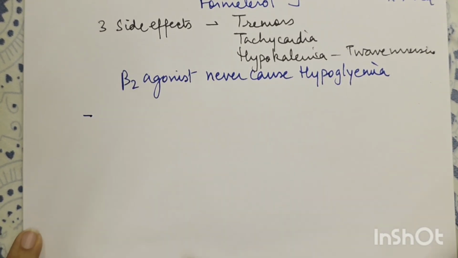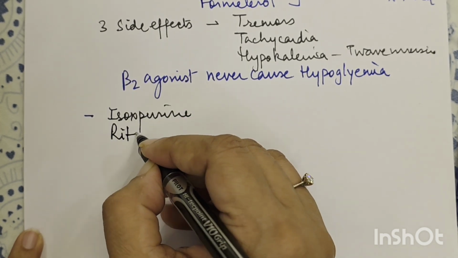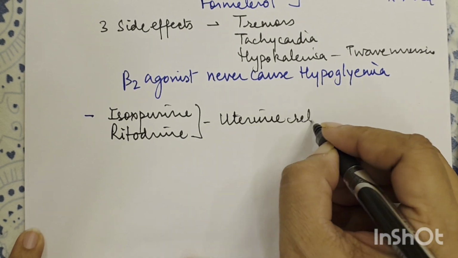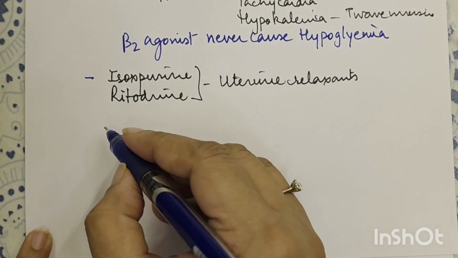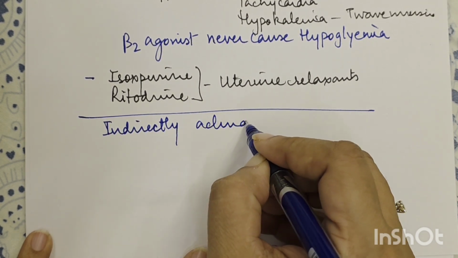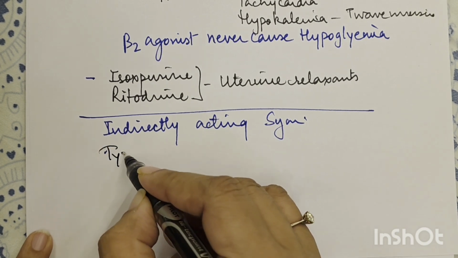Another drug is there, isoxsuprine and ritodrine. These drugs are basically used as uterine relaxants, as by beta 2 receptor they reduce the contractility of the uterus. Then we come to the indirectly acting sympathomimetics. Now in this, a very important drug is tyramine.